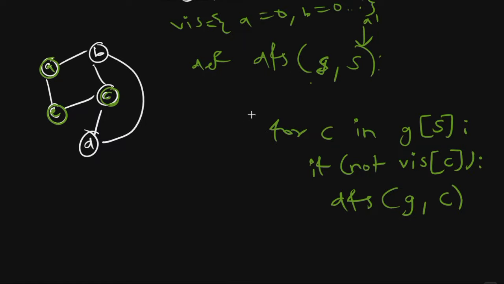But if we check again, we are checking here that the node is not visited, but we have never mentioned when the node is visited. Let's say here we have colored A because it is visited, E is visited, C is visited. But we never say in our program that these three nodes are visited.